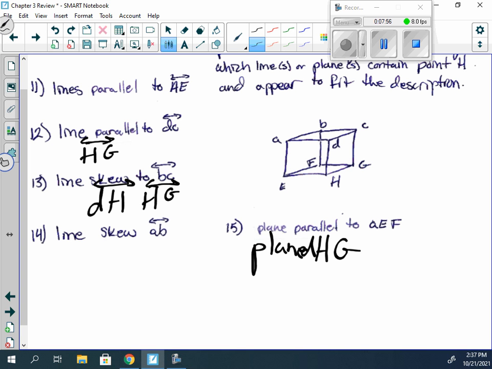G, yes, DHG would work. DHG or HGC, any way to name that plane there. I would prefer it, just do not draw a line above it because it's not a line. We would just say those three letters are plane HGC, plane DHG.